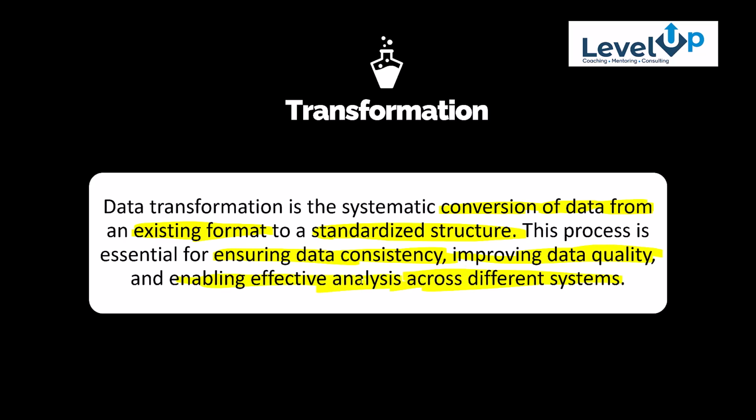Why is this important? I'm not having data in one location. My data is coming from multiple sources, and everywhere it could not be the same, right? So I need to standardize my data to make sure data quality is good and the data is ready for analytics. Now let me show you.